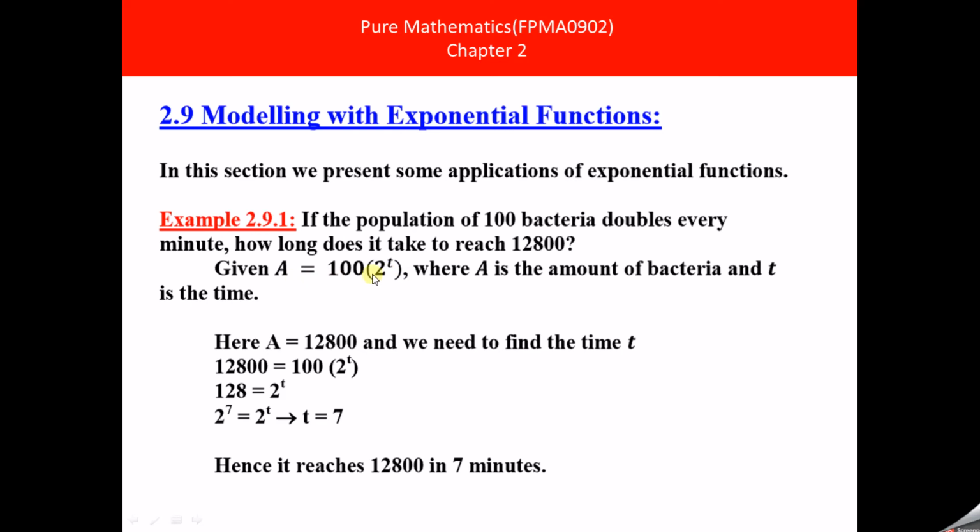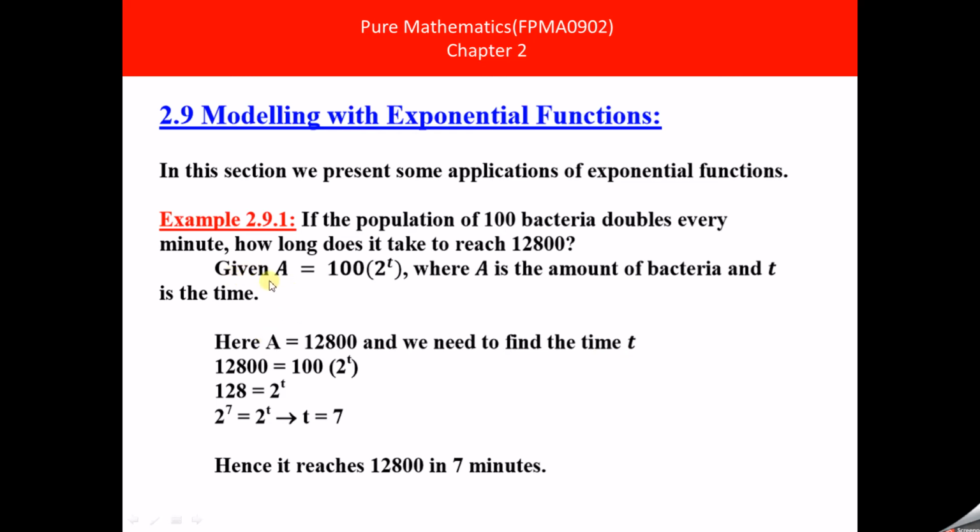That's why the equation is A equal to 100 times 2 power t, where 100 is the starting population of the bacteria. Here we have to find the time when the bacteria reaches 12,800. That means A is given, A equal to 12,800. So we have to find the value of t, at what time it reaches 12,800.